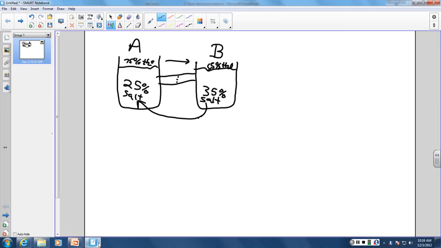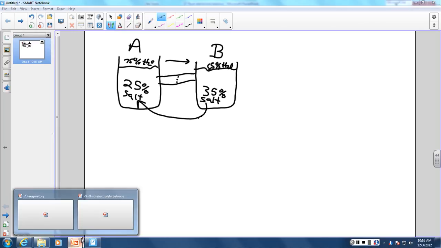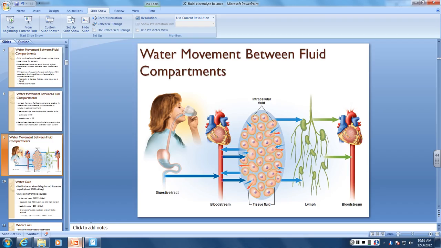So that's going to attract more what? Water from the tissues. Exactly. So osmolarity is what determines the movement of water by osmosis.